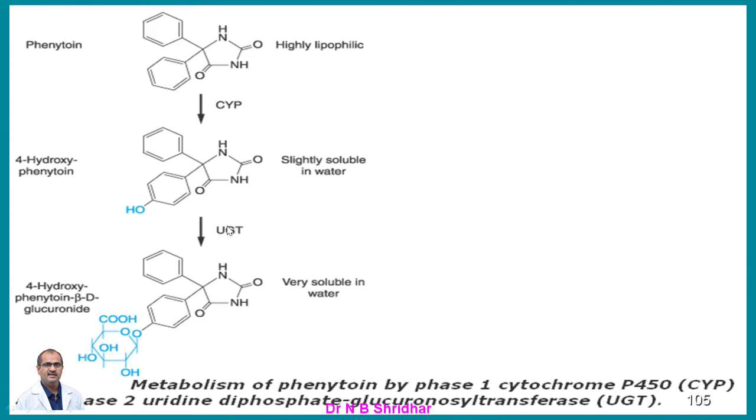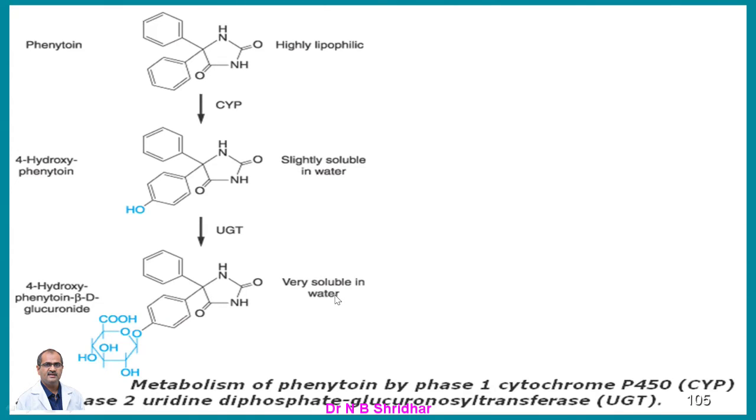Whereas in the presence of UGT, uridine diphosphate glucuronyl transferase, this is now a synthetic reaction. It combines with the endogenous substance, and because of this, 4-hydroxyphenytoin beta-D-glucuronide is formed.